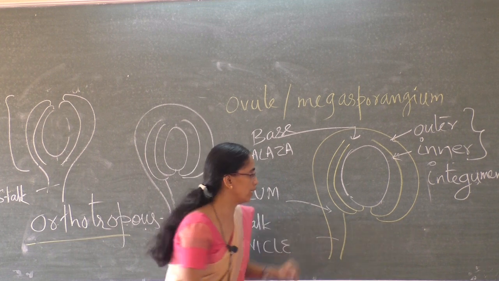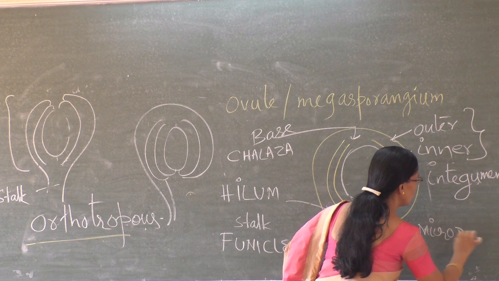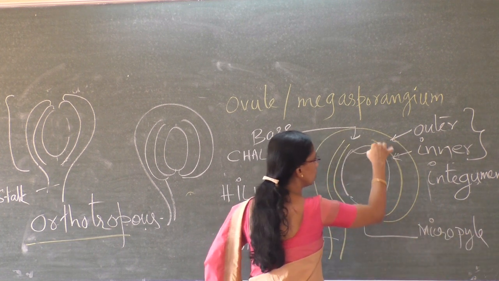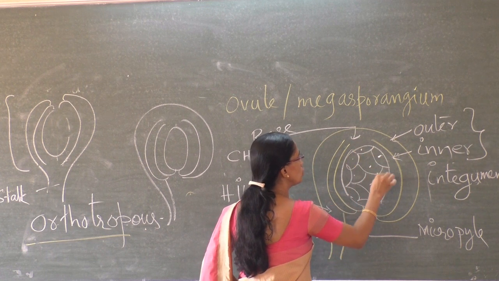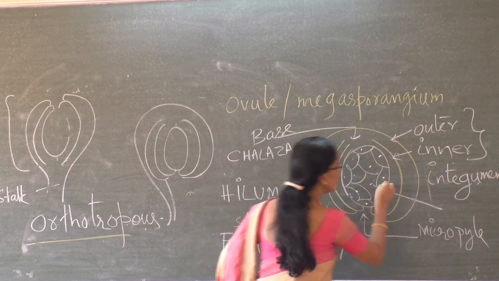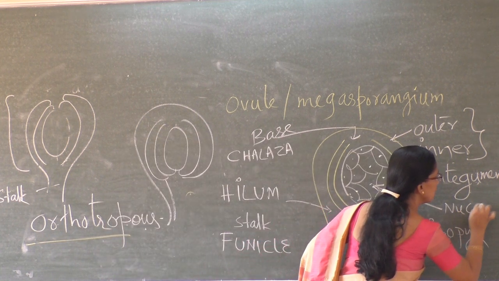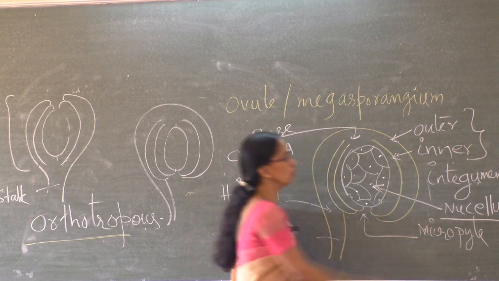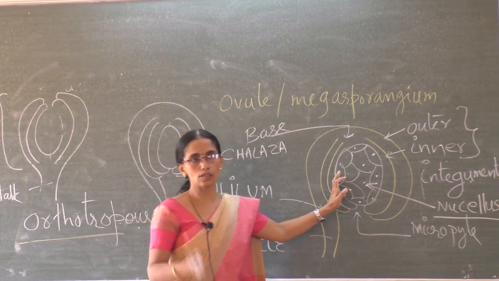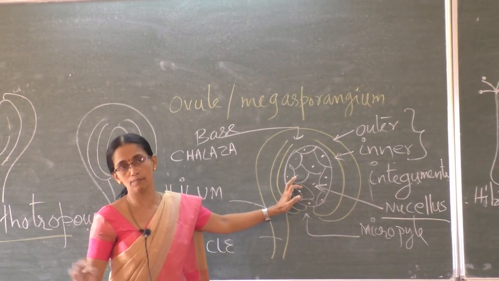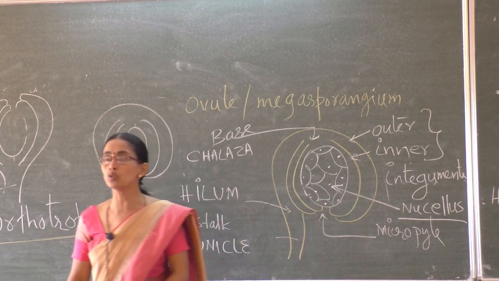They leave an opening called micropyle. And inner to this there is a mass of cells, the nutritive tissue of the ovule known as nucellus. In the case of the male part we studied tapetum, the nutritive tissue, whereas in the female this is the nutritive part, the nucellus.